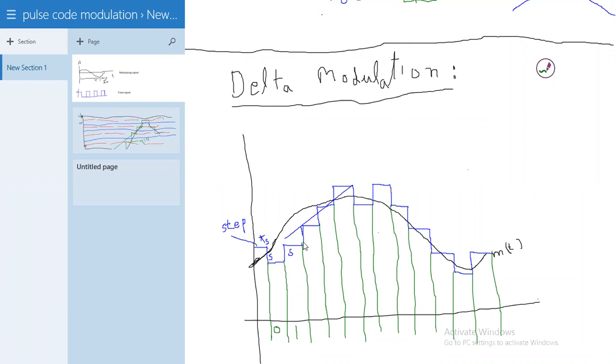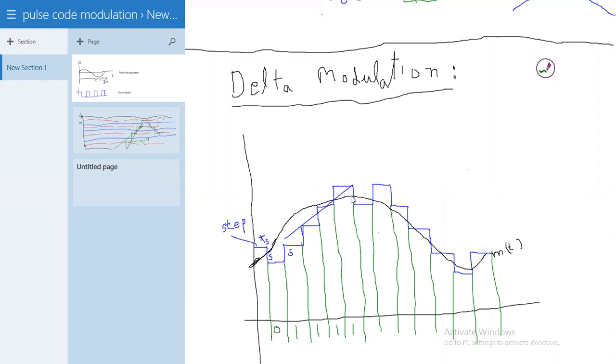Again here the step signal is less than the modulating signal, the step size is increased, so here we indicate again 1. Similarly the step signal is raised by s and stays until Ts, again that is a bit 1. Again here also 1.